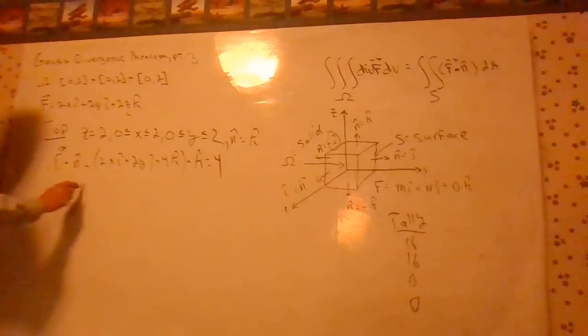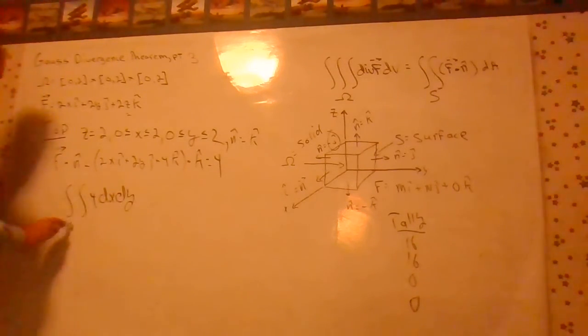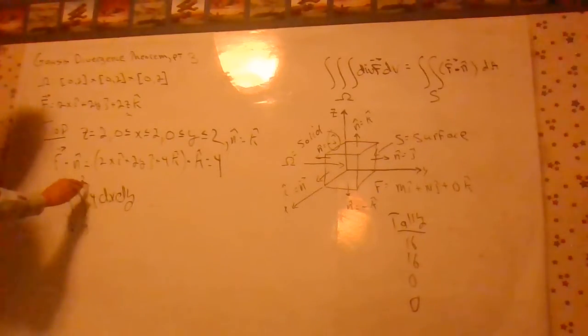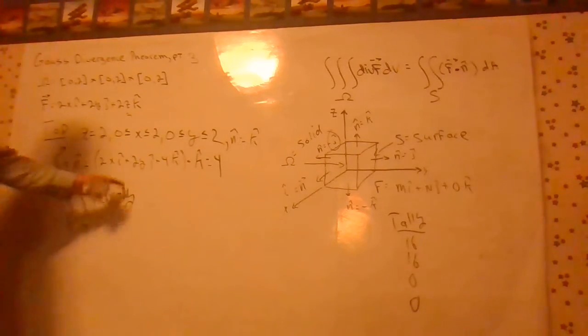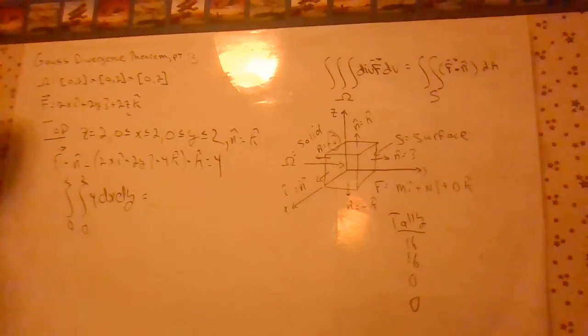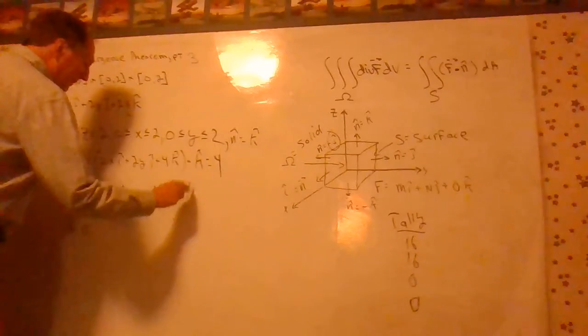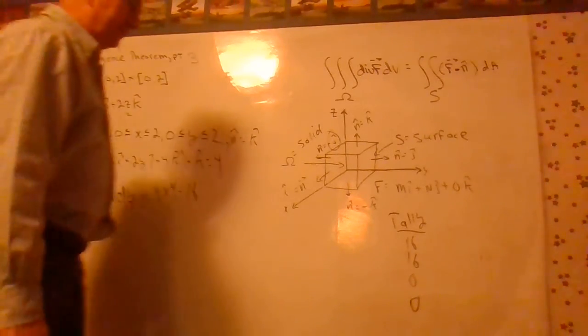And we want to double integrate 4, 0 to 2, 0 to 2. You can do it dx dy, dy dx, whatever you want, depending on your favorite order of integration. And that's just going to be 4 times 4, which is 16.